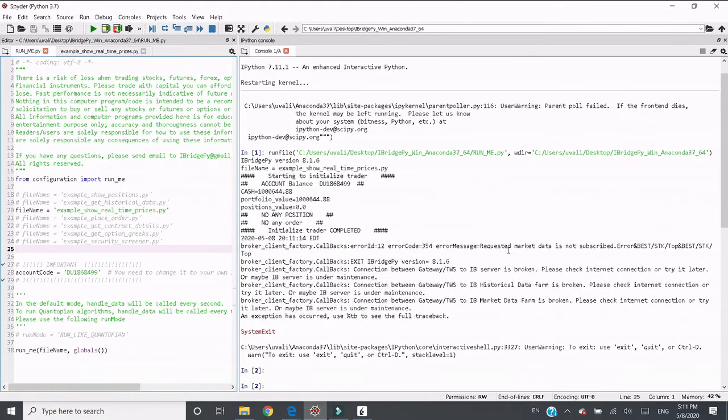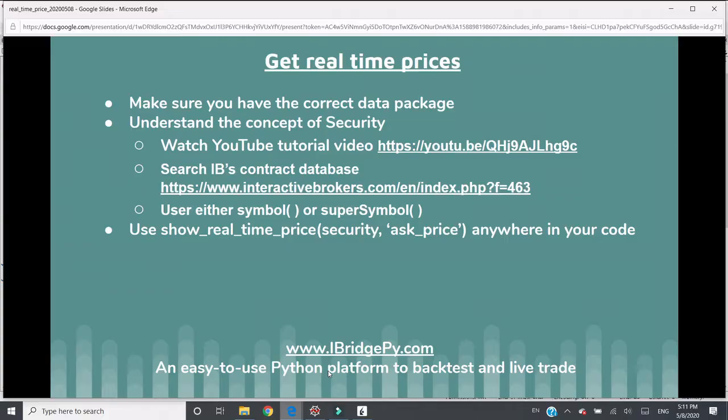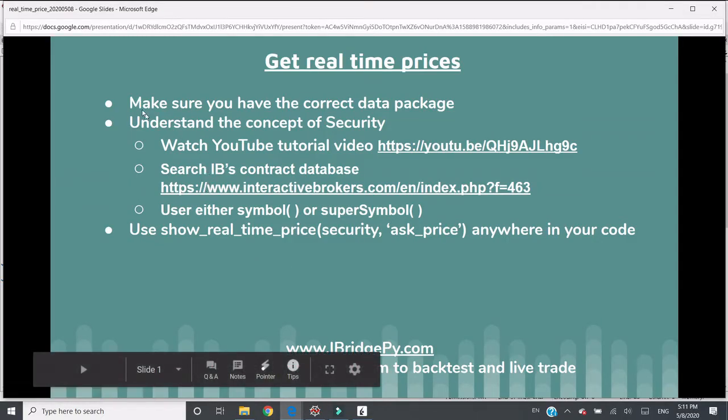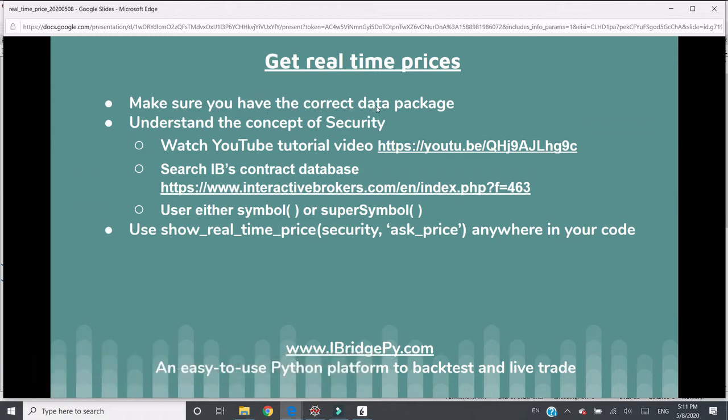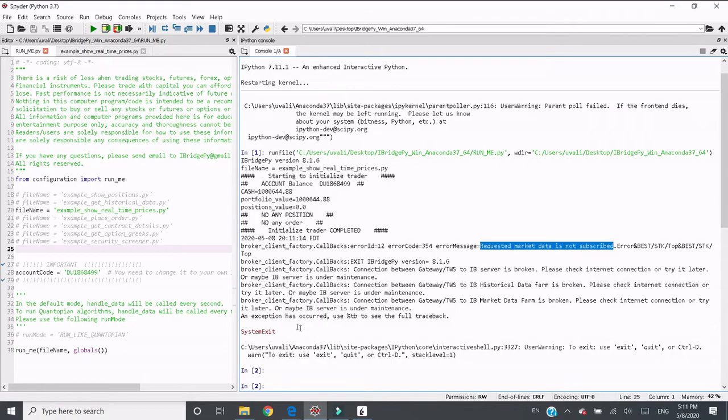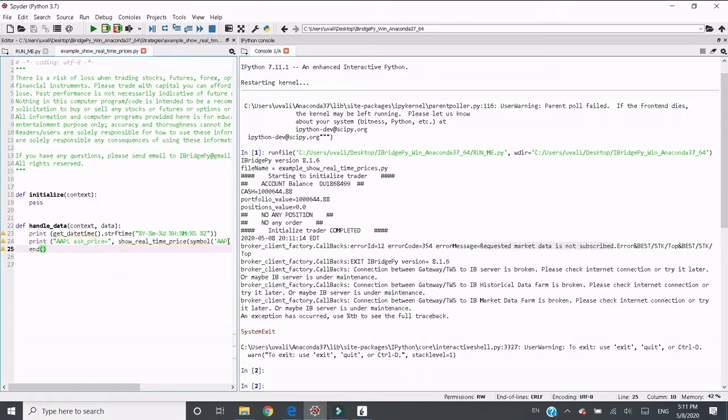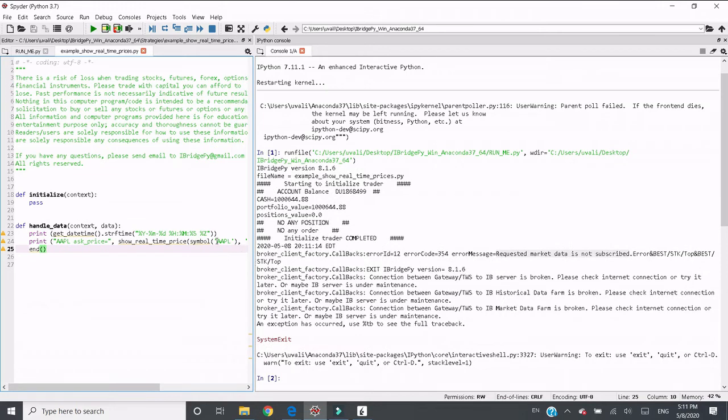It says, requested market data is not subscribed. If we go back to this slide, you can see the first item is to make sure you have the correct data package. Actually, in my account, I have not purchased the data package for AAPL, but I purchased the data package for SPY. That's why I can get SPY data and I cannot get AAPL data.